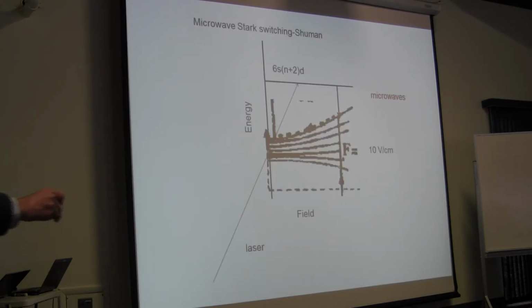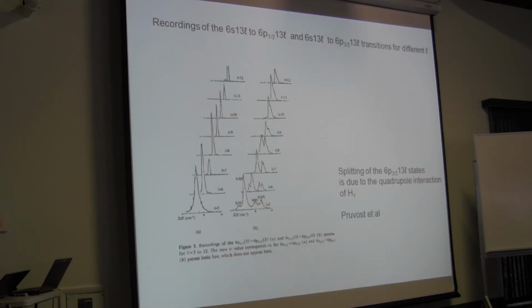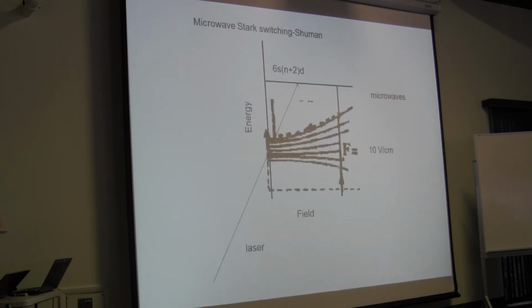Okay. So if you don't want to be switching, let me back up 2 slides. In the previous Stark switching experiments, basically the electric fields were about 1 kilovolt per centimeter. So a microwave switching technique was discovered by Schumann. Actually, Frederick Merck may have done this too.